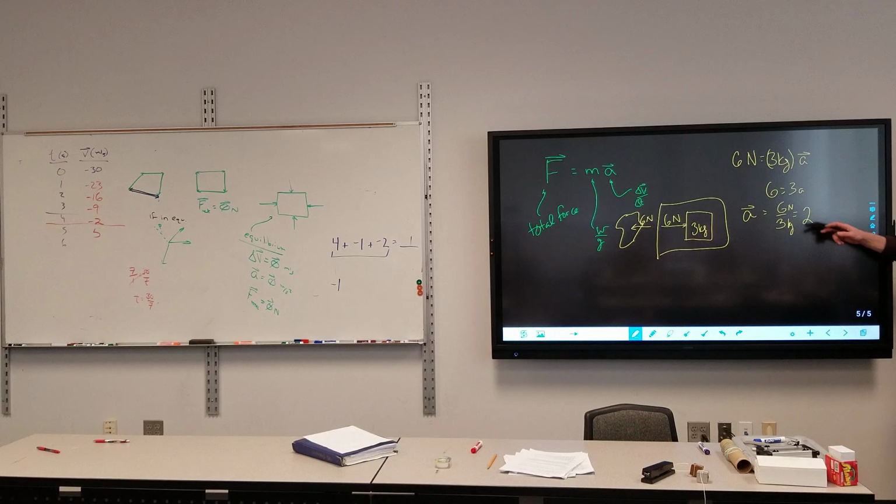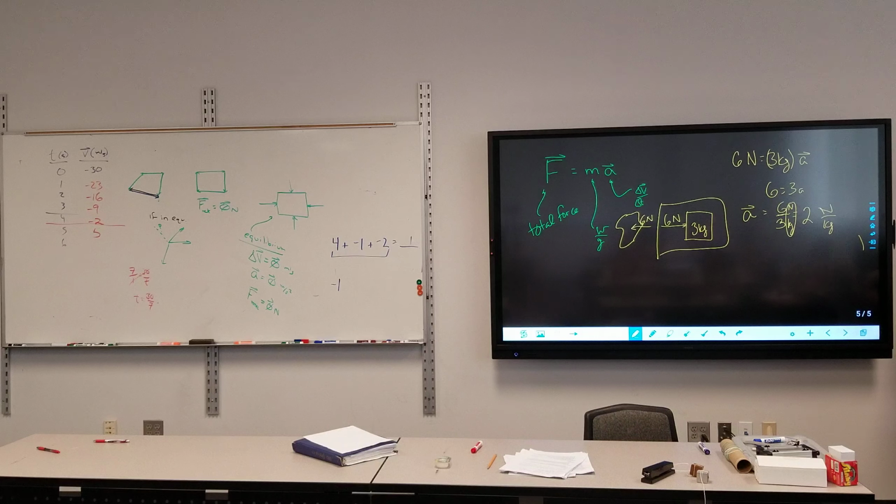Well, look at this. What did I divide? Newtons and kilograms. Okay, so is it 1 over something, or are they multiplied, or what do you do with them? Yeah, we divide, because that fraction there is a division. So 2 newtons per kilogram. That is a perfectly legitimate answer.